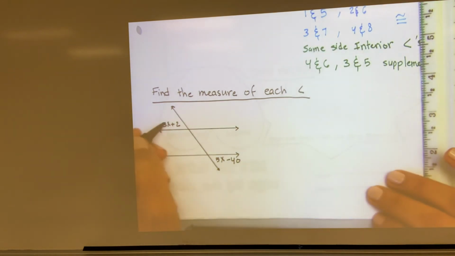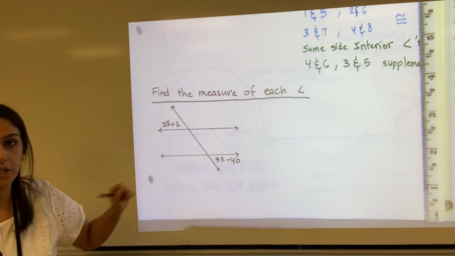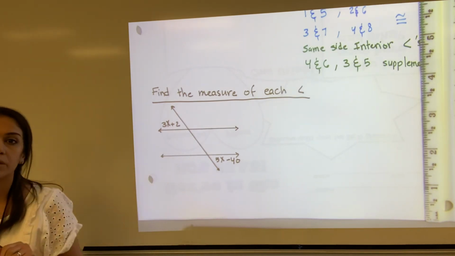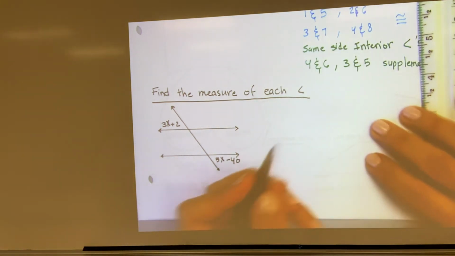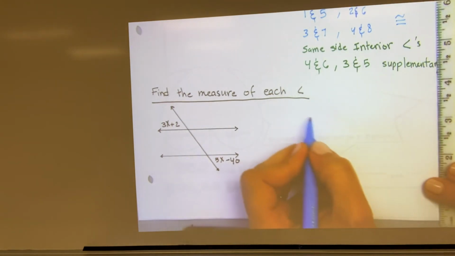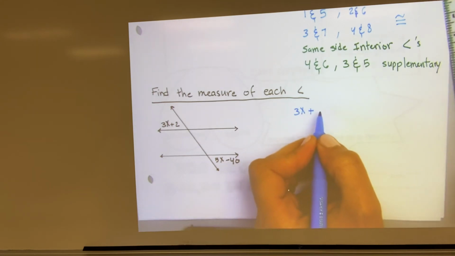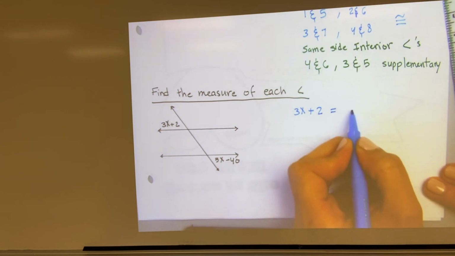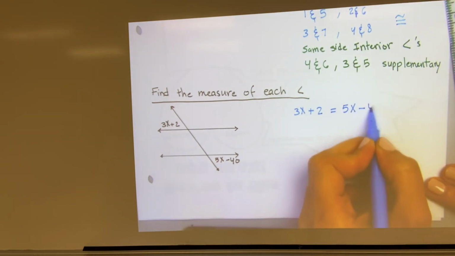So as we said earlier, these are alternate exterior angles, and alternate exterior angles are congruent, which means they have the same measure. So I can say that 3x plus 2 is equal to the measure of the other angle, which is 5x minus 40.